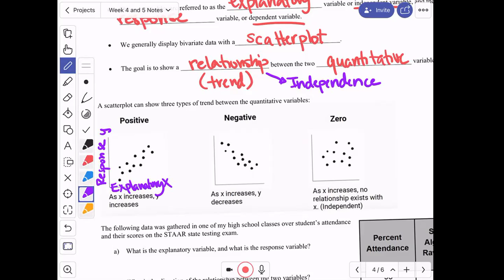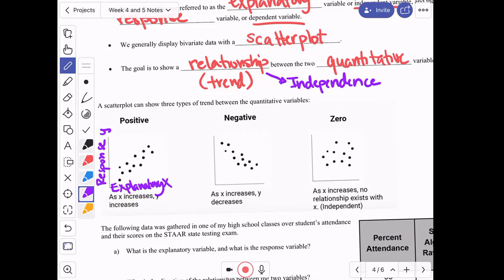There are three trends that can be exhibited in a graph like this. Here's how it works. We're always interested in what is happening to y as x increases, or as you increase the explanatory, what does the response do? It can do one of three things.